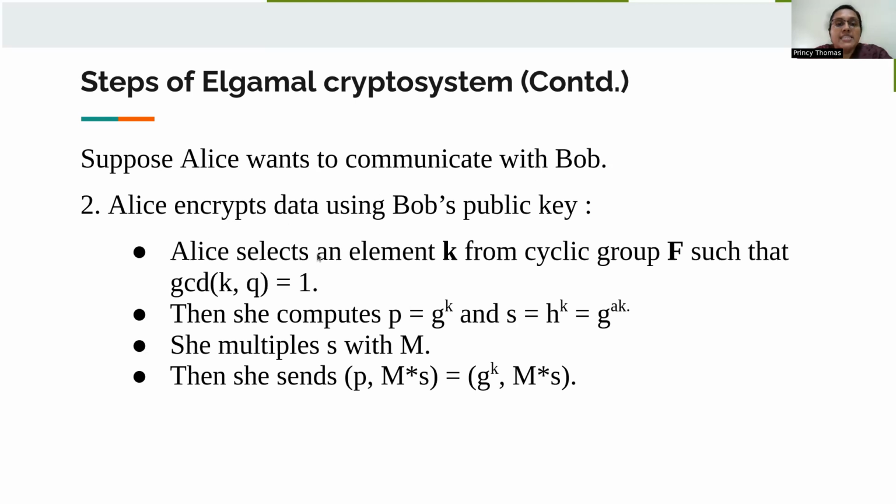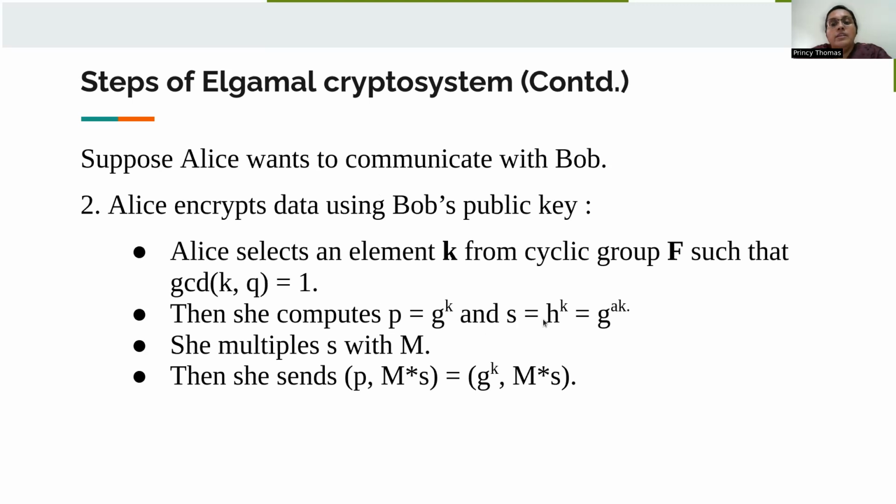So Alice selects an element K from the cyclic group F, which was sent by Bob along with Bob's public key, such that K and Q are also relatively prime, just like A and Q. Then Alice computes G raised to K, and this value P is calculated.